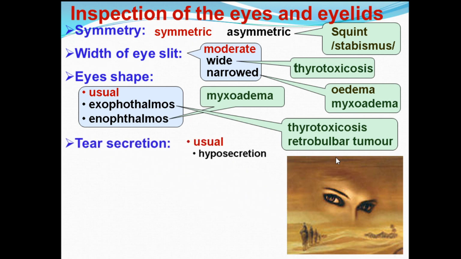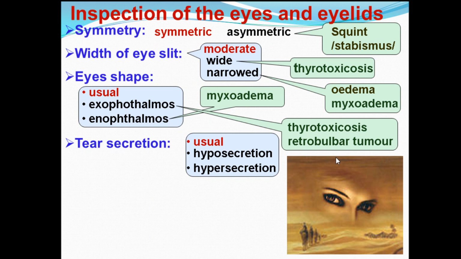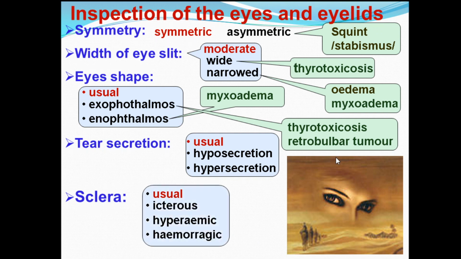We'll pay attention to tear secretion, usual, invisible, or maybe hypersecretion and hyposecretion, when the eye becomes dry and as a result is accompanied with some pathology of eyes. We'll pay attention to sclera, which is usually white color and as usual.